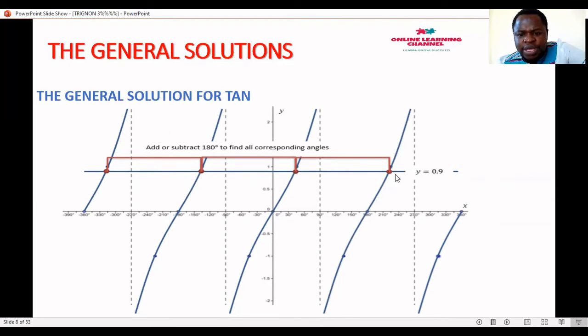And now look here, when your y is 0.9, you have different values: somewhere between 210, somewhere between 45, and somewhere here and here. So you've got different values for x. We're trying to find the general solution which will generalize all those x values.